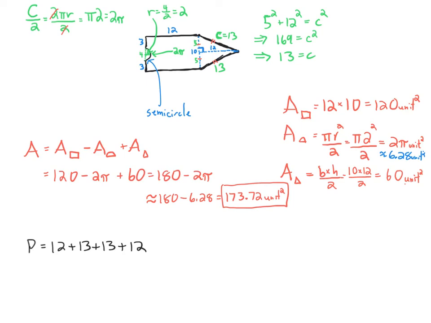That gives us both sides of our rectangle here, and it gives us both sides of our triangle. Okay, and then we just have this bit left, so that's 3 plus 2 pi plus 3.